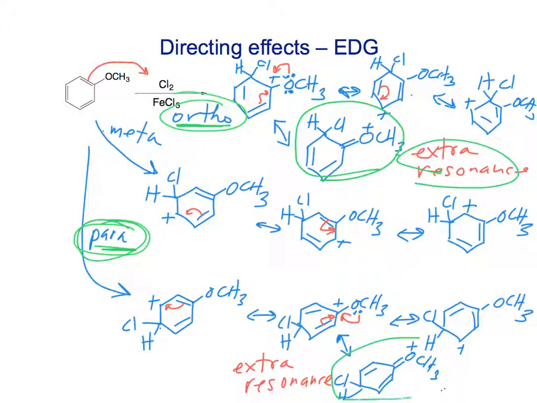We don't have that when we place the chlorine at the meta position. There's no way to move the charge from the ring out onto that methoxy group. And so ortho and para are favored for this activating electron donating group. This is going to be true for all of the electron donating groups.